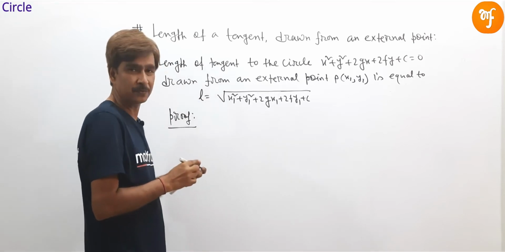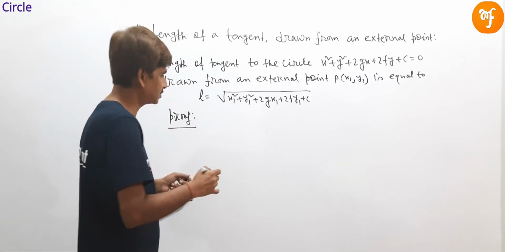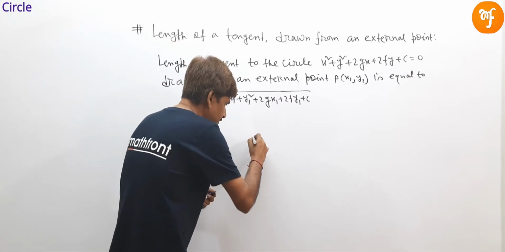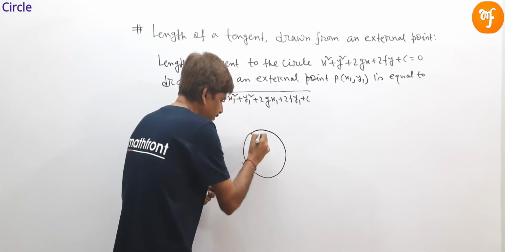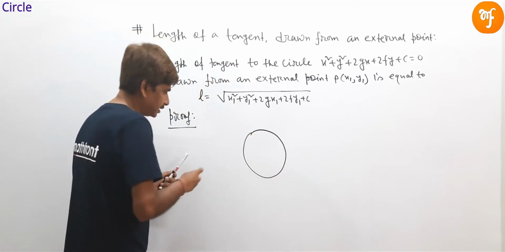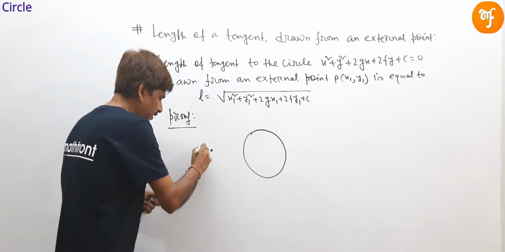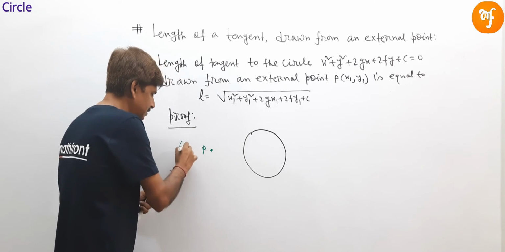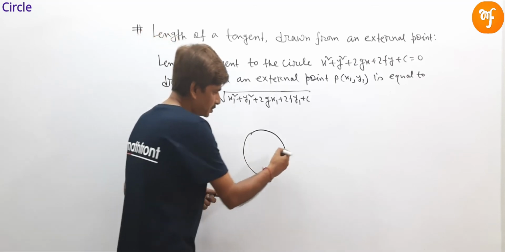So we are going to prove it, and for this we'll first draw a circle. So this is a circle and a point lies outside of this circle. Let the point be P, whose coordinate is x1 comma y1. Okay, and what is the equation of this circle?